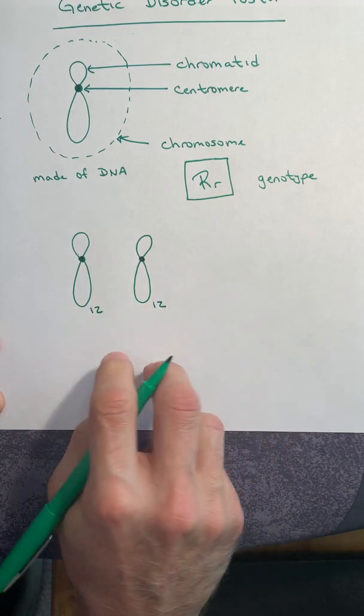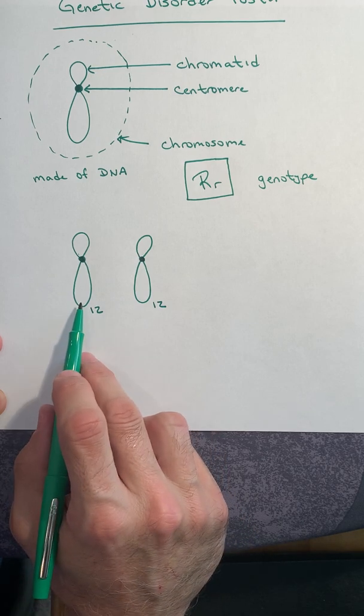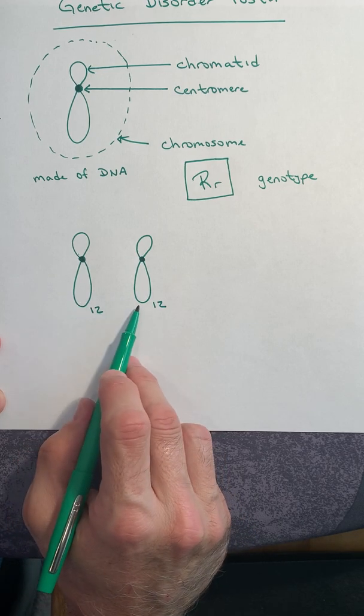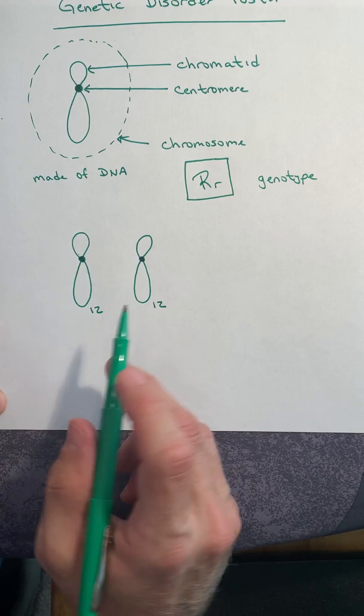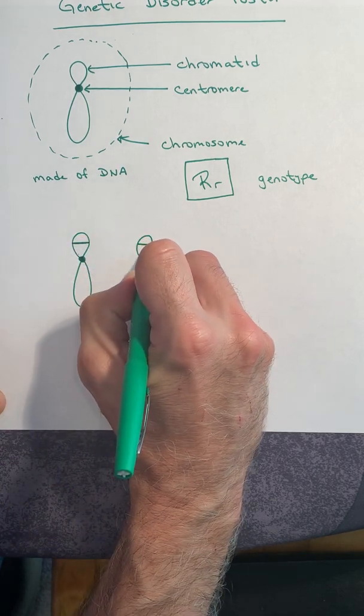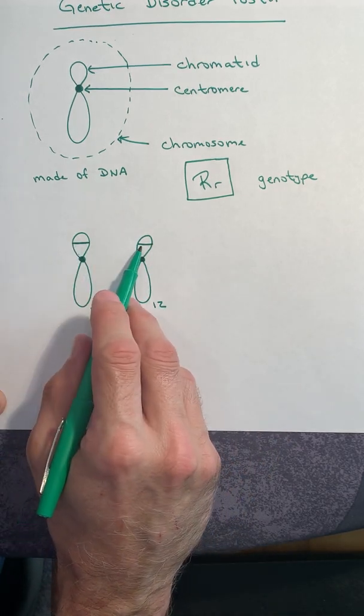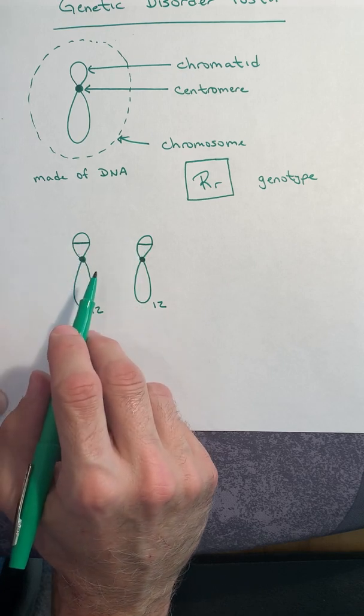Fine. So here is your homologous pair number 12. You receive one of these chromosomes from your biological mother and the other chromosome from your biological father. And these genes have specific placements or locations. They're called a locus. Here is one locus, here is another locus, or together they are called loci.